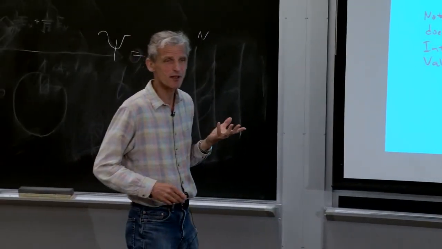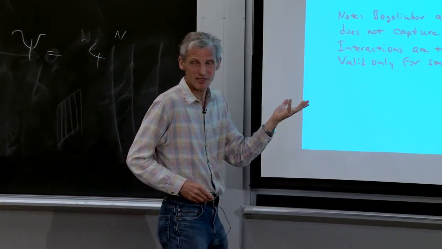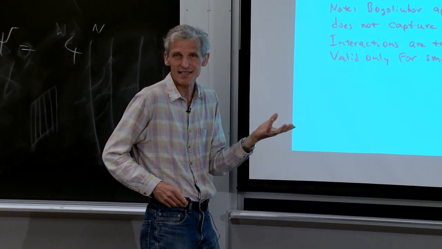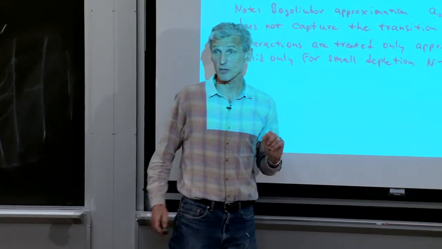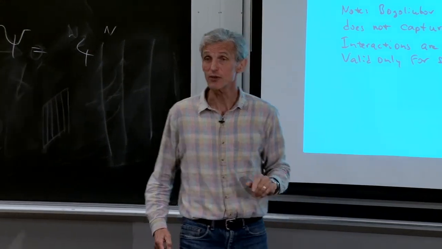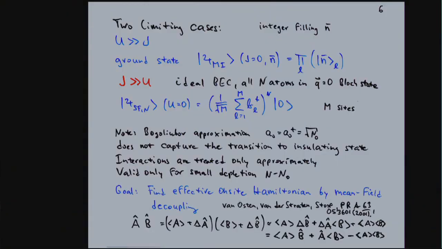So I want to show you now that we have to do another mean field approximation, which is actually nice. It's very different from Bogolyubov's approximation, but it's also a mean field approximation which will describe our system. The goal is to find an effective Hamiltonian which describes the transition from here to there. The important approximation I will use is the following.